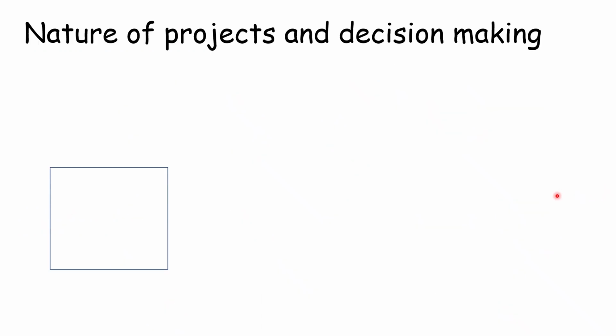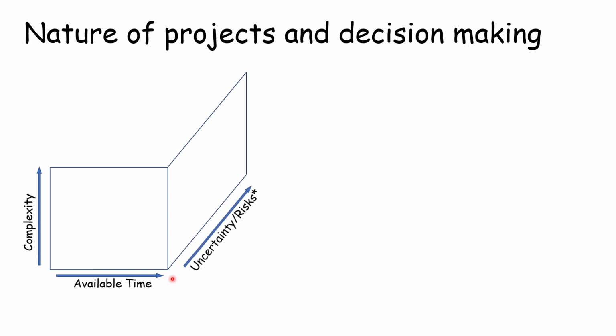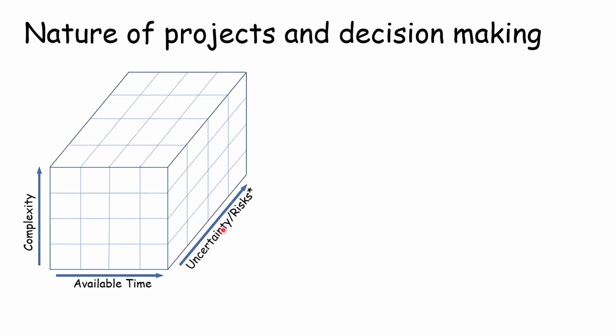Now, when we think about any project, there is available time, there is complexity, and uncertainty on the next stage. We want our project to be at the very best point, where we have lots of available time, the complexity of the project is very low, and it's less uncertain. The uncertainties are very, very low as well.